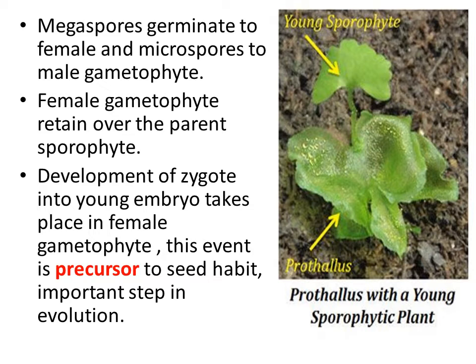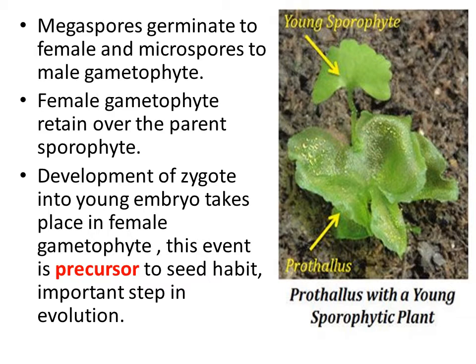See, this female gametophyte is retained on the parent sporophyte. It remains attached to the parent sporophyte for the development of the zygote into a young embryo. That means the development of the zygote to the young embryo will take place in the female gametophyte, and this is the very important event or basis of the precursor to seed habit.